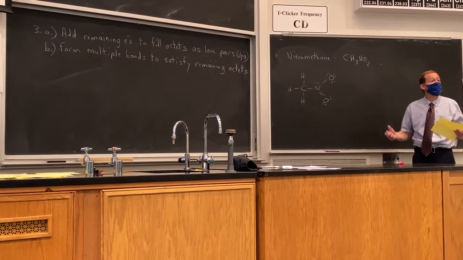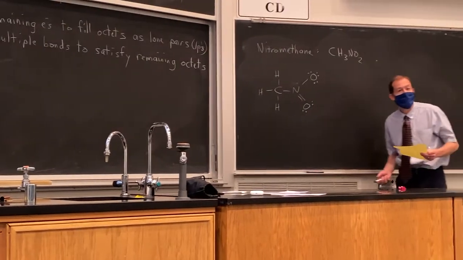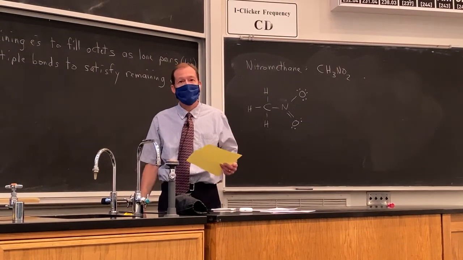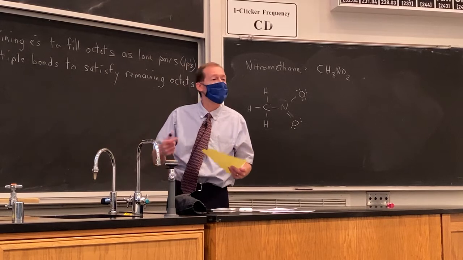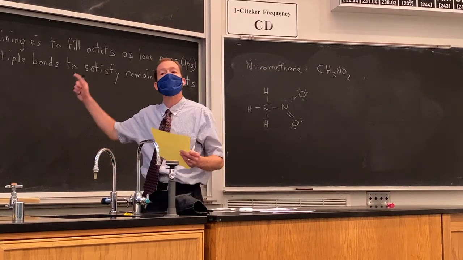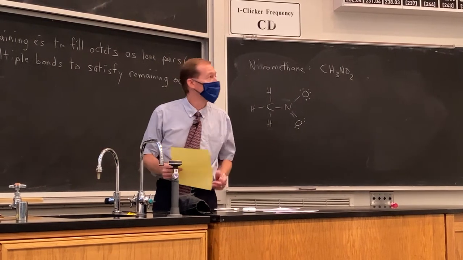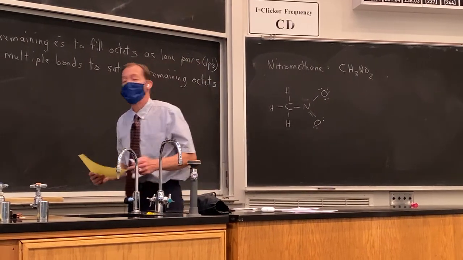And now we have fulfilled all the octets of our atoms. Any questions? As I mentioned, once you get proficient at this process, you can kind of combine steps 3A and 3B, but we split them out to go through this particular example.